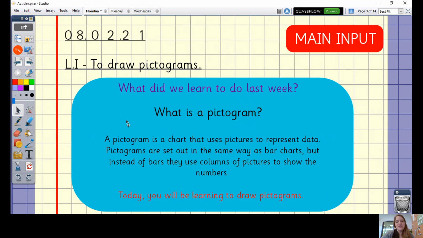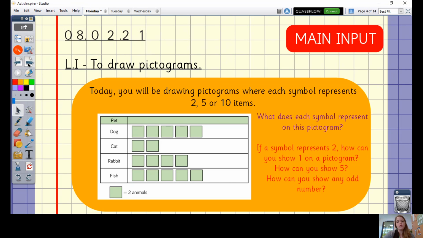Today, we're going to have another lesson on drawing pictograms, but they are going to be a little bit more tricky, because today we will be drawing pictograms where each symbol represents 2, 5, or 10 items. The pictograms we were drawing last week, each symbol or picture represented 1 item. But today, the symbols or pictures are going to represent 2, 5, or 10 items.